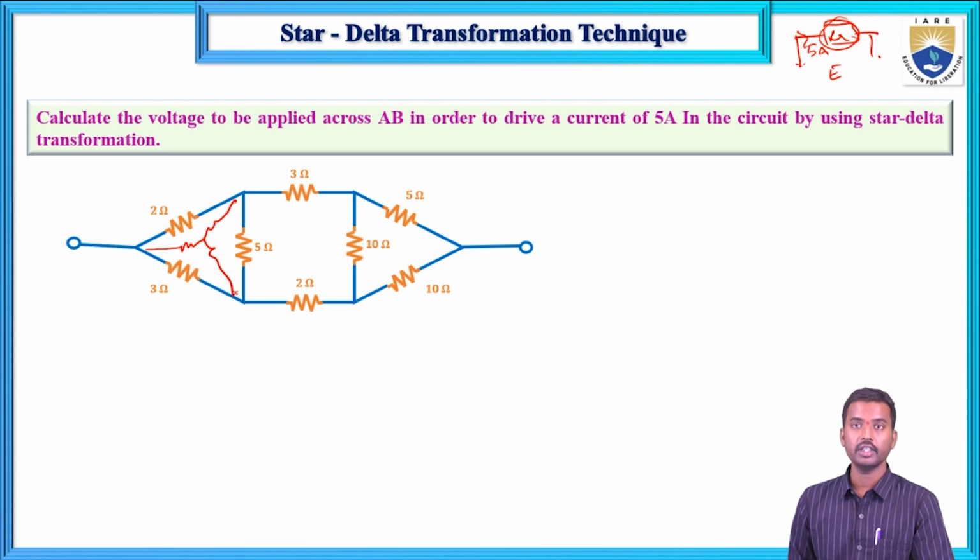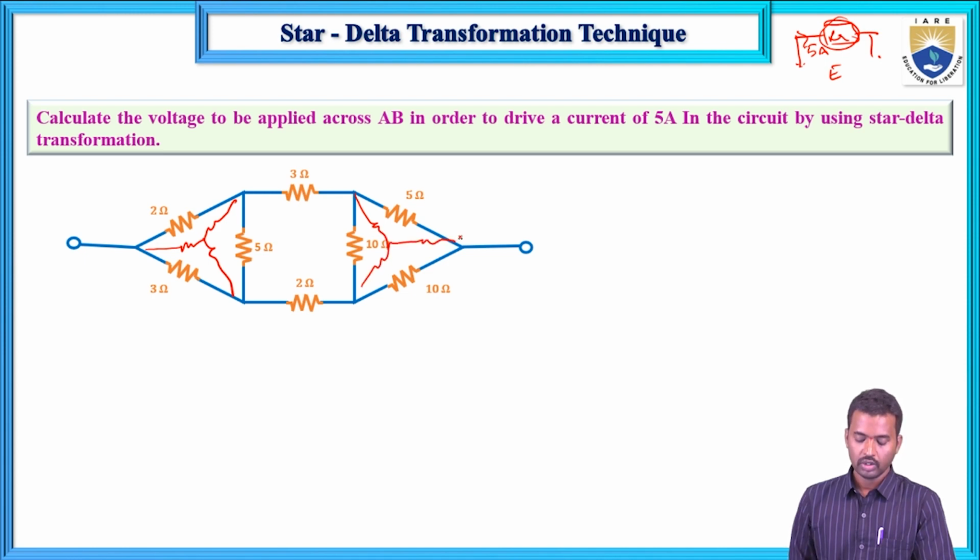How will you calculate that? This is a delta and this one is also a delta. Now this value equals 2 into 5 divided by 2 plus 5 plus 3. And this value equals 5 into 3 divided by 2 plus 5 plus 3.